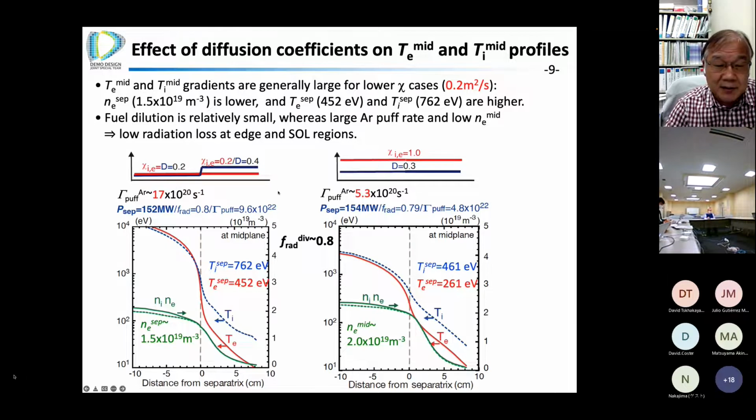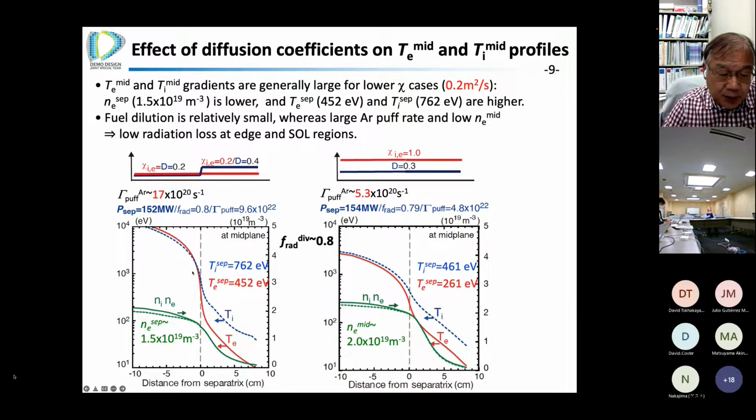I would like to explain the effect of the diffusion coefficient on the upstream plasma profiles. You can see that in the lower diffusion coefficient case, this is the diffusion coefficient I mentioned for the Japanese and ITER cases.